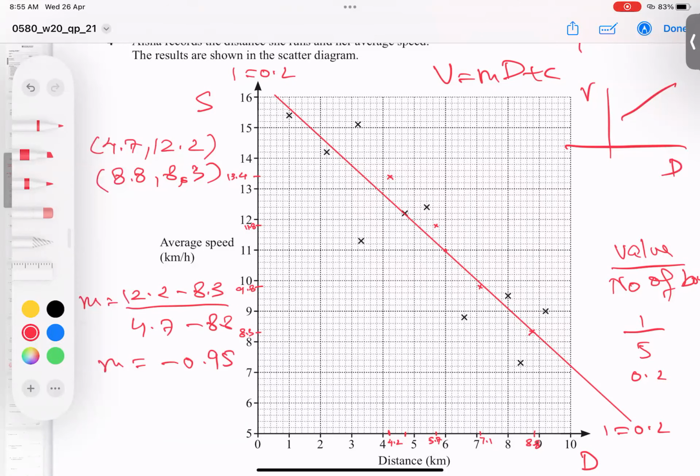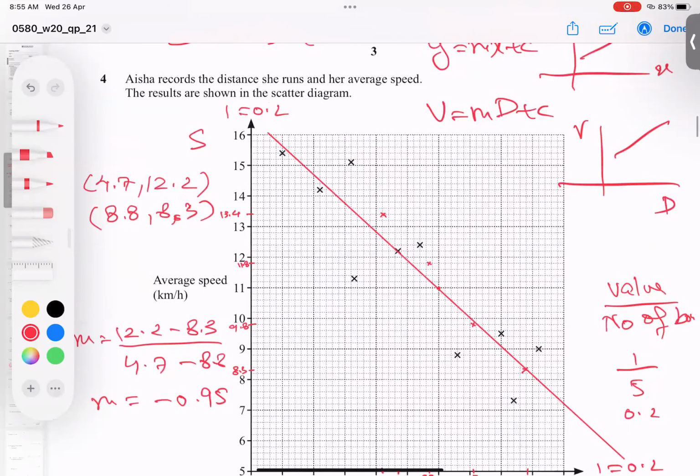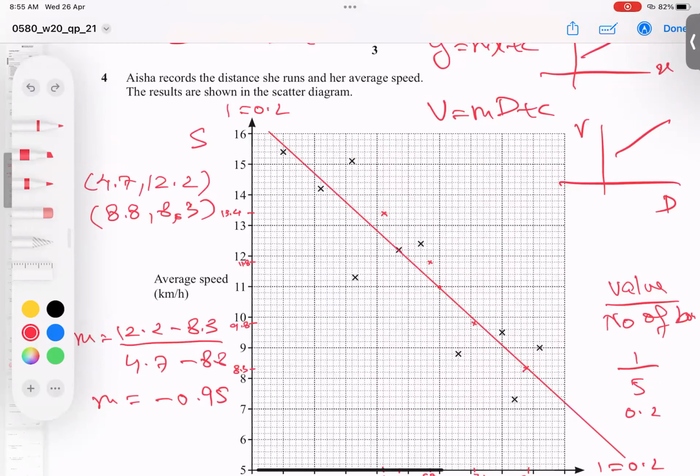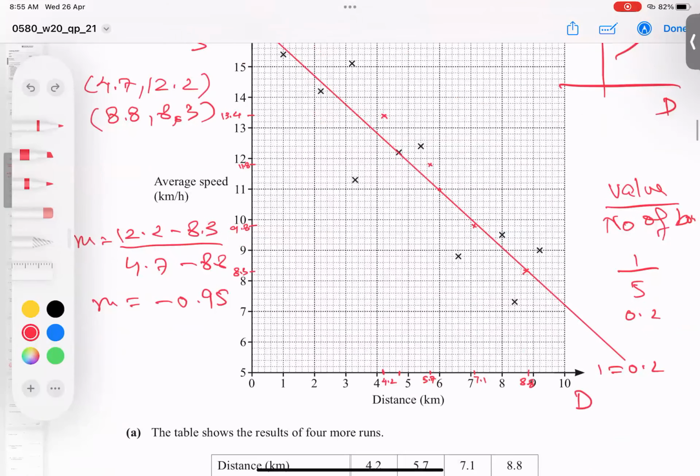And now I can find the y-intercept, but the y-intercept is not prominent here. If not prominent, I will work it out. What is the technique? y equals mx plus c. You can plug in any point in the place of x and y. So this will come in the place of y. m is negative 0.95, the x value is 4.7, and c I will get. Let's find the c value.